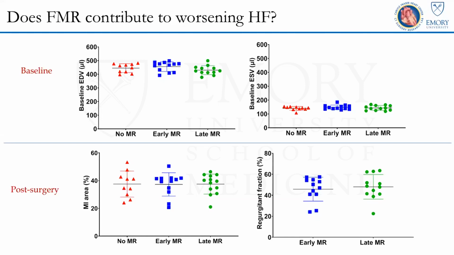The 3 groups we investigated were animals that only had an infarction and did not develop any mitral regurgitation, animals that had an infarction with early onset mitral regurgitation, and animals that had an infarction, had significant remodeling of their ventricle, and were induced with functional MR at significantly later stages. The regurgitant fraction that we measured 2 weeks after inducing the MR, upon stabilization of hemodynamics, is also similar between the groups.